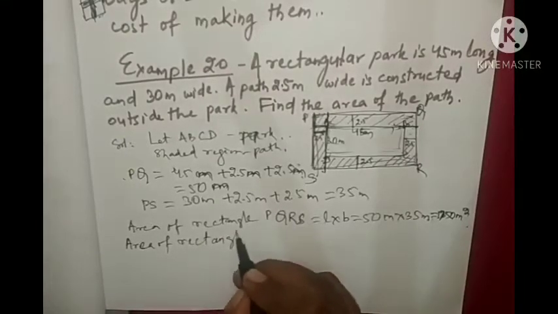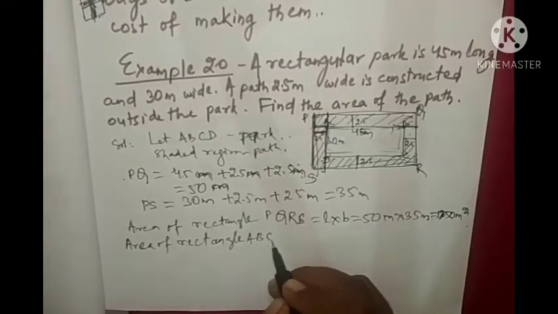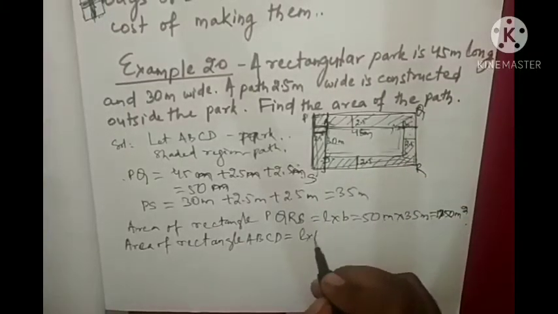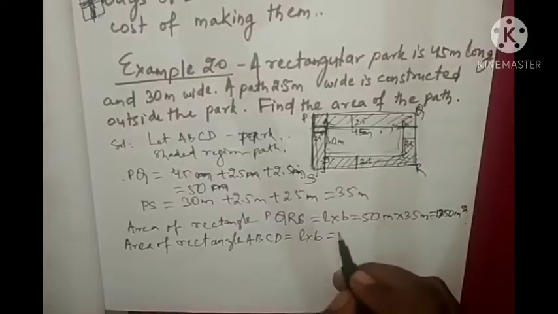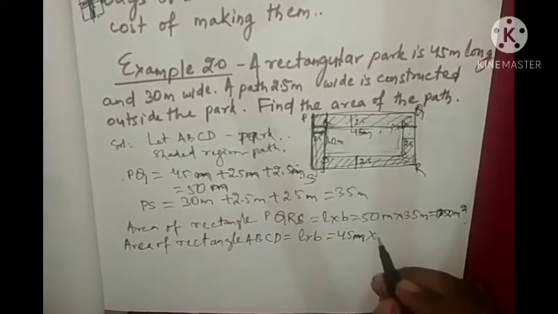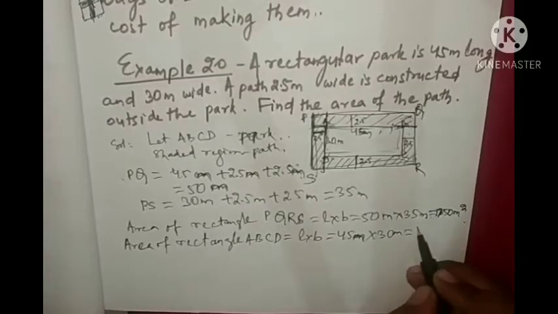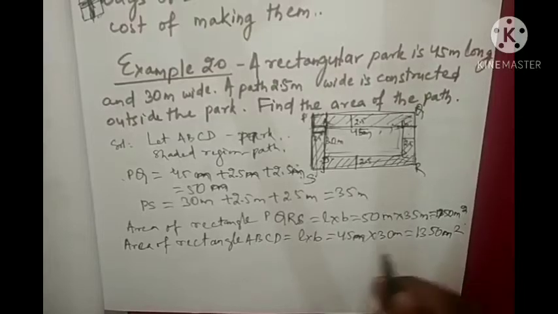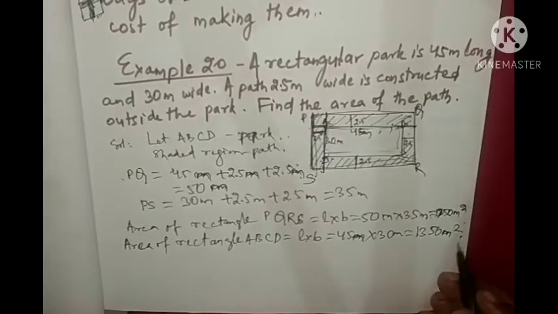Next you will write the area of rectangle ABCD, which is the smaller park. That is length into breadth. Length is 45 meter and breadth is 30 meter. It is 1350 square meter, because meter into meter is square meter.